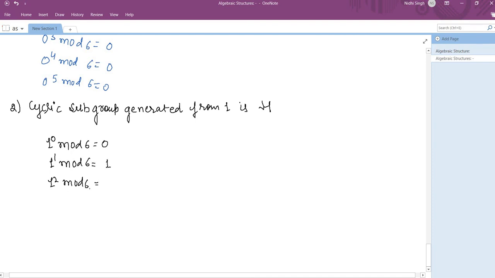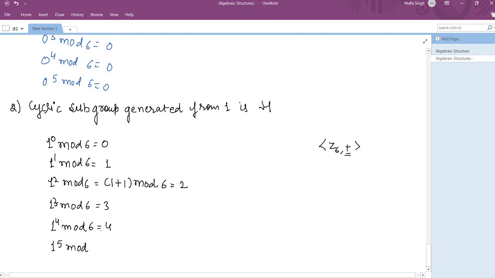And 1 to the power 2 mod 6 means it is not equal to 1. It will be 1 plus 1 and mod 6 because we are performing the addition one. Na? Kya tha mera group? That is Z6 and plus. So addition operation you have to perform. So it will be 2. So 1 to the power 3 mod 6 equal to 3. 1 to the power 4 mod 6 4. 1 to the power 5 mod 6 that is 5.